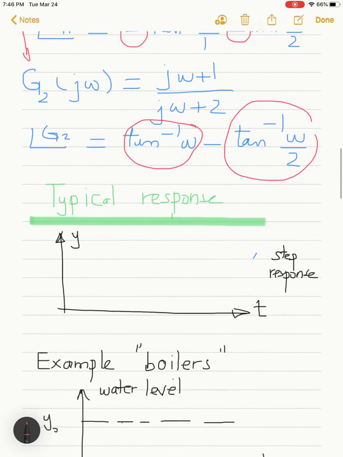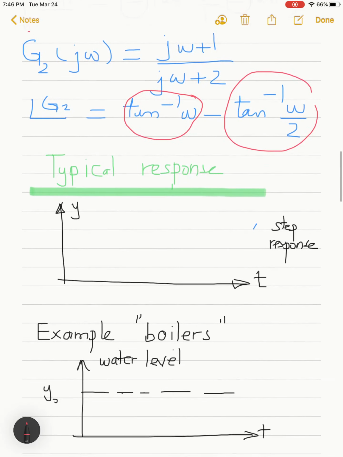The typical response of a non-minimum phase system in case of a step response would be like this. I'm assuming a positive step input. You will notice that in the initial response, the response moves in the opposite direction to that of the final or steady state value of the response.